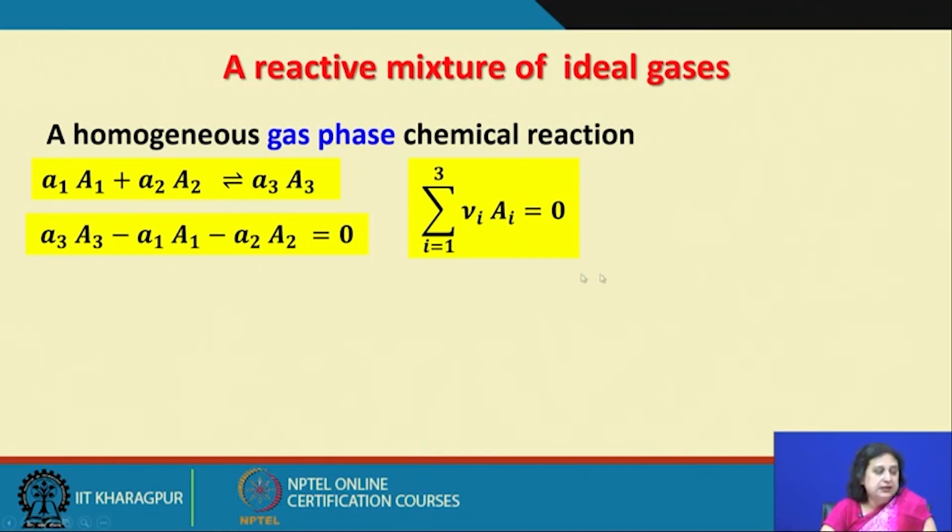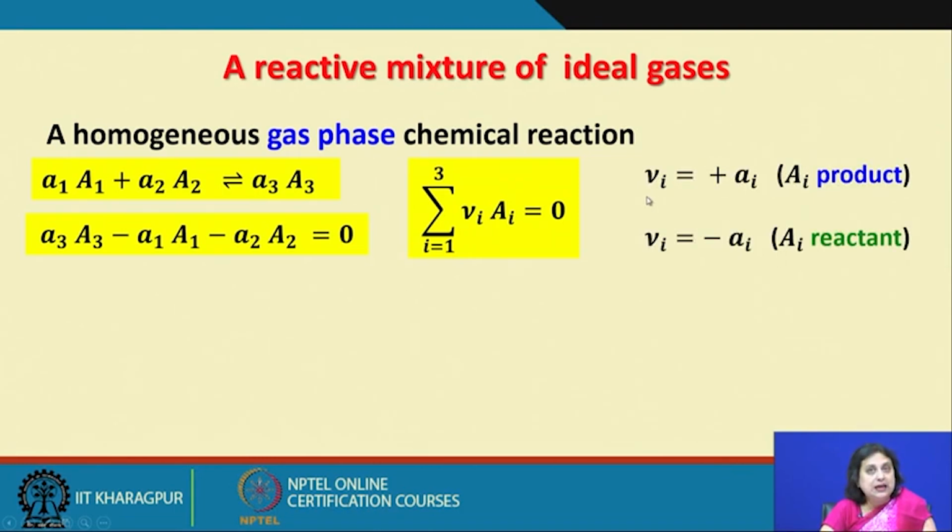And therefore, nu i is equal to plus ai if this ith component is a product, and it is equal to minus ai if this ith participant of the reactive mixture is a reactant.